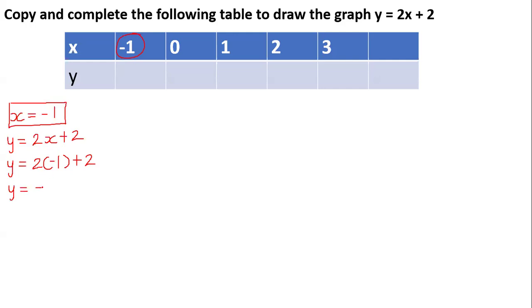It's negative 2. Very good. So we have negative 2 plus 2. What is negative 2 plus 2? No, zero. Negative 2 plus 2 is 0.